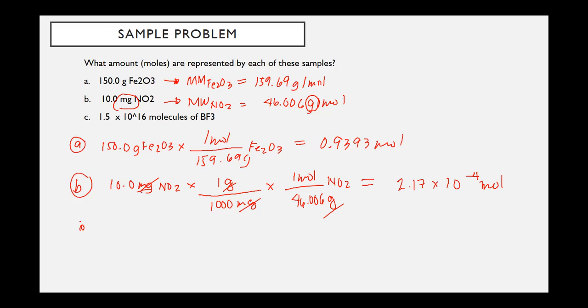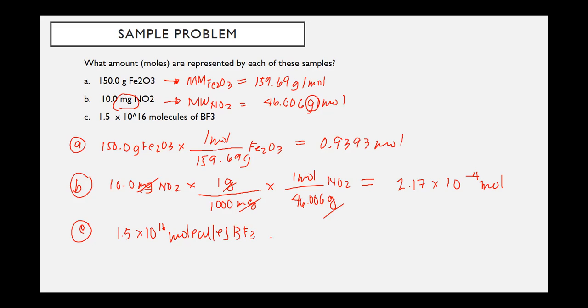So for the last one, we have 1.5 times 10 raised to 16 molecules BF3.